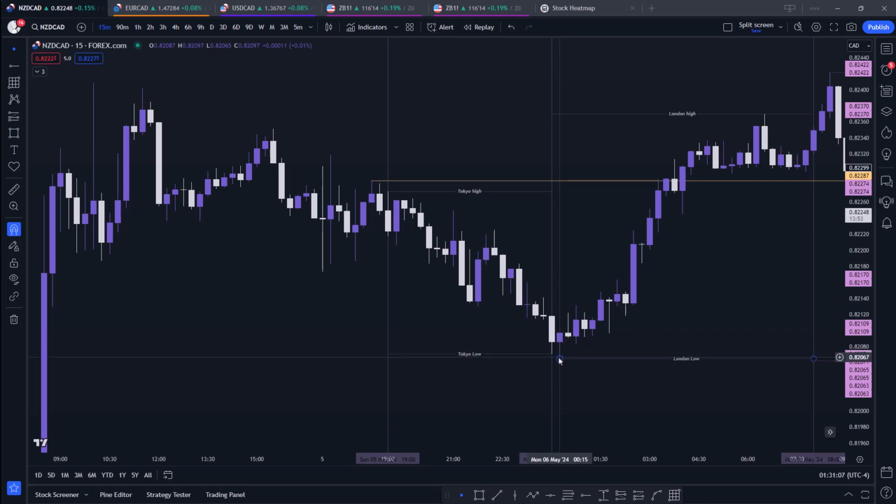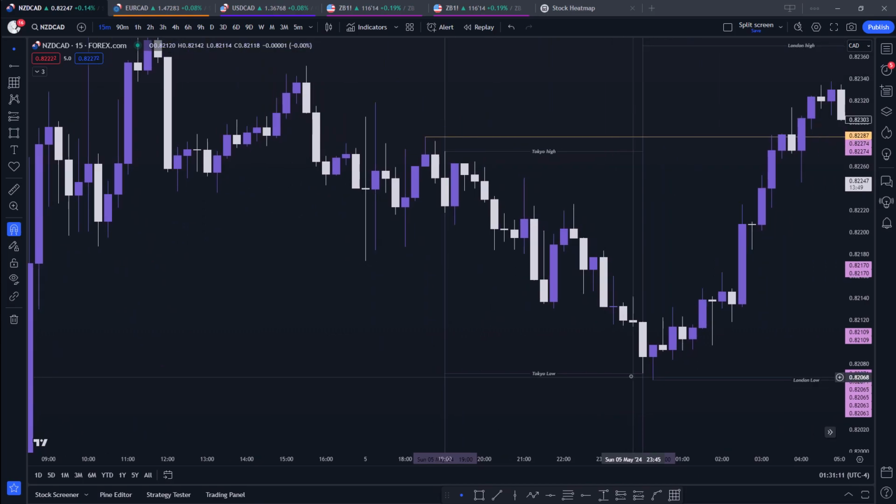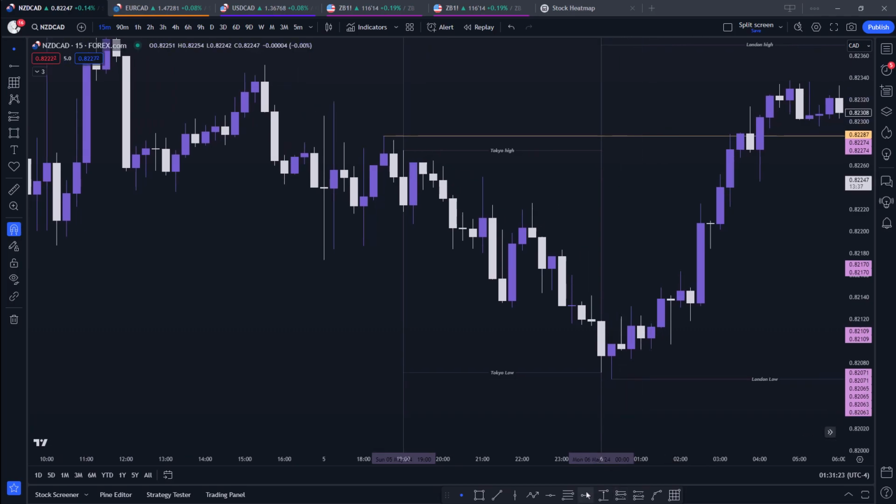You see at this point we actually swept the London session low. We basically took liquidity at that point. We swept the lows, and now we may be able to realistically expect price to go to the opposite liquidity levels.